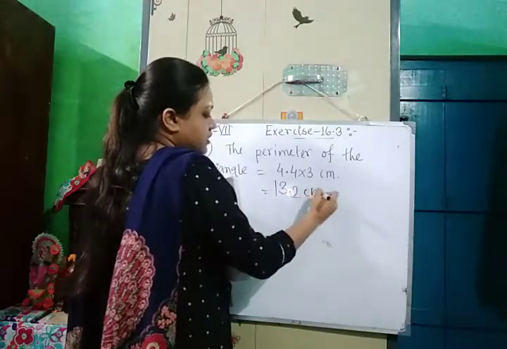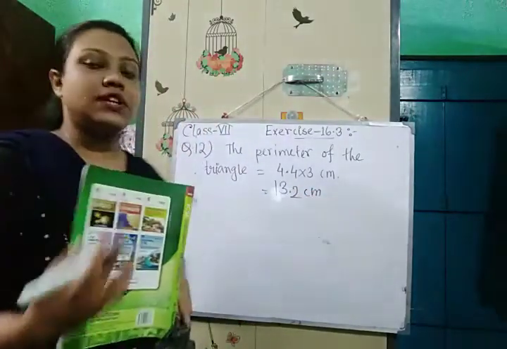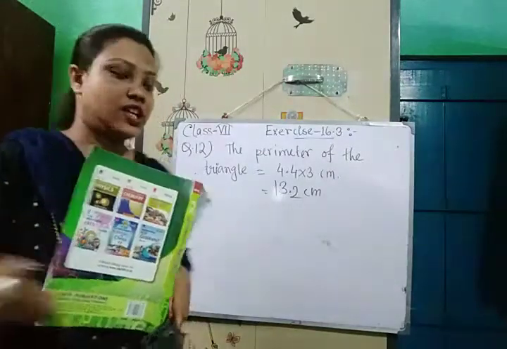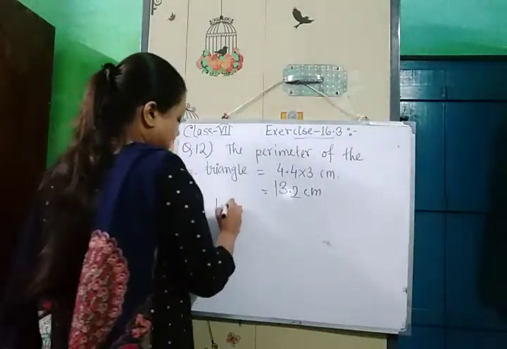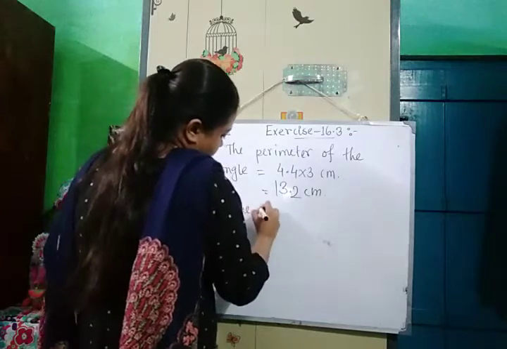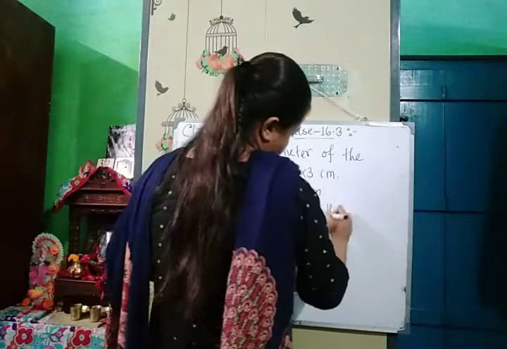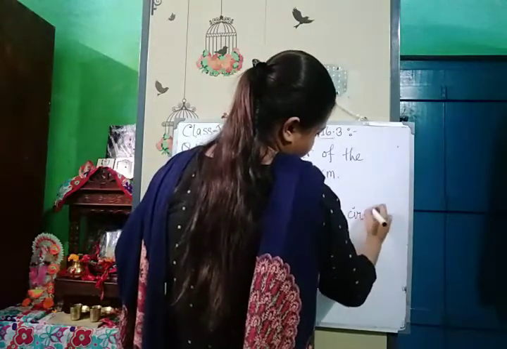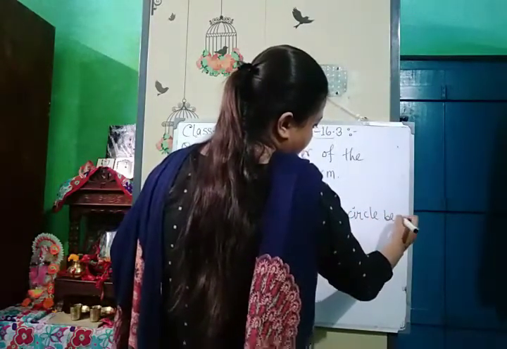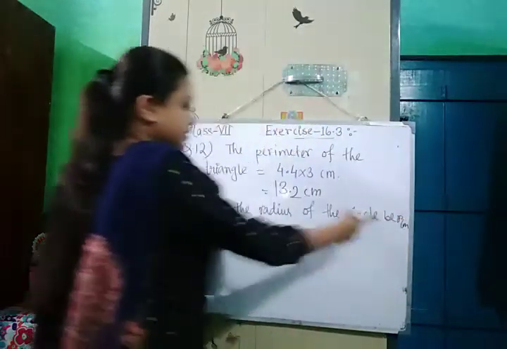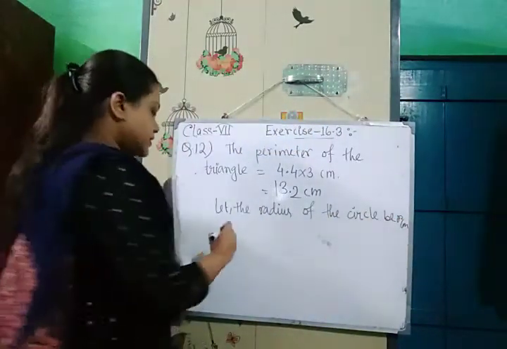So 13.2 centimeter is the perimeter as well as the circumference of the circle. So now we will assume, let the radius of the circle be r centimeter.